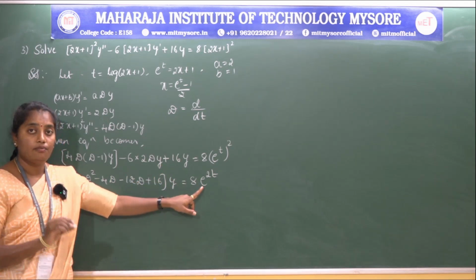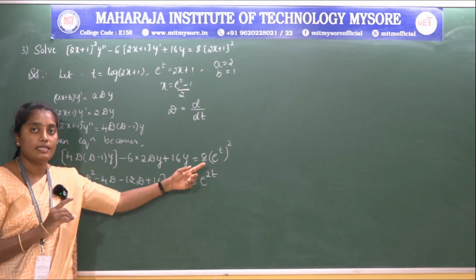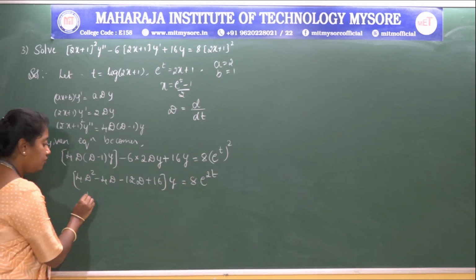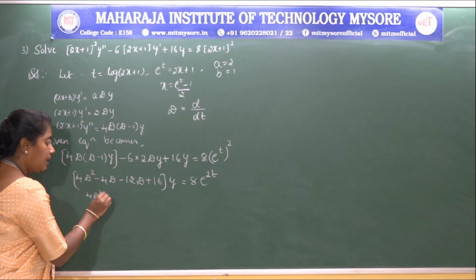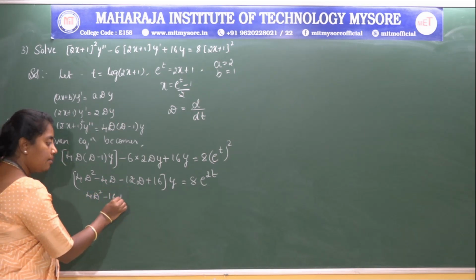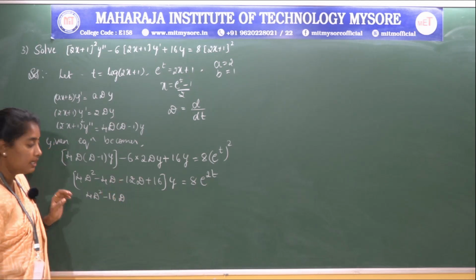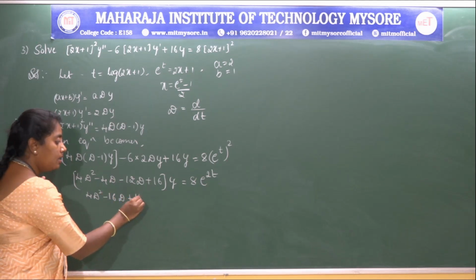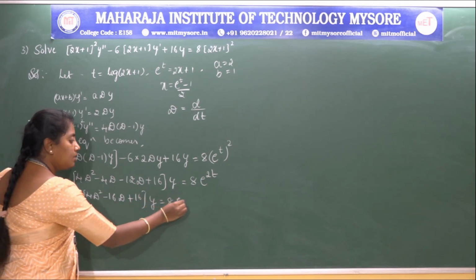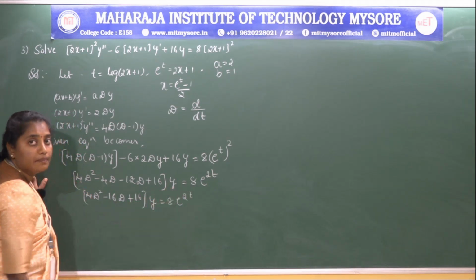So here this is a function of type 1, that is an exponential function. Simplifying this again, 4D^2 - 4D - 12D is -16D, plus 16, of y equal to 8 e^(2t).